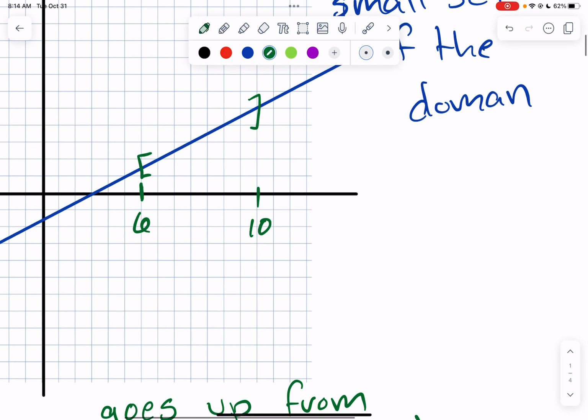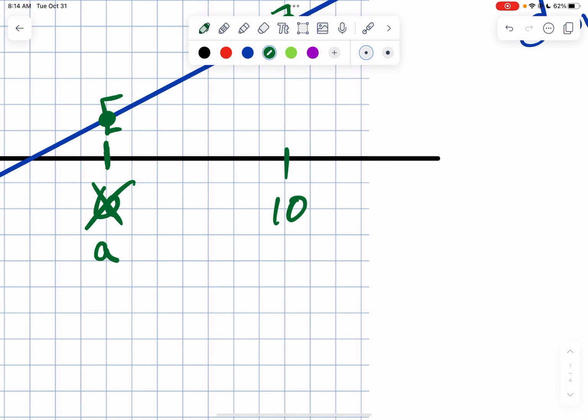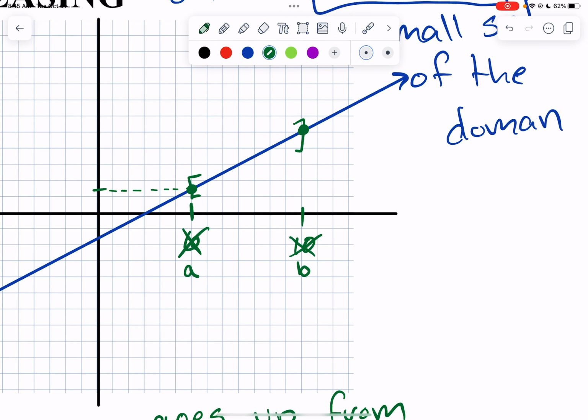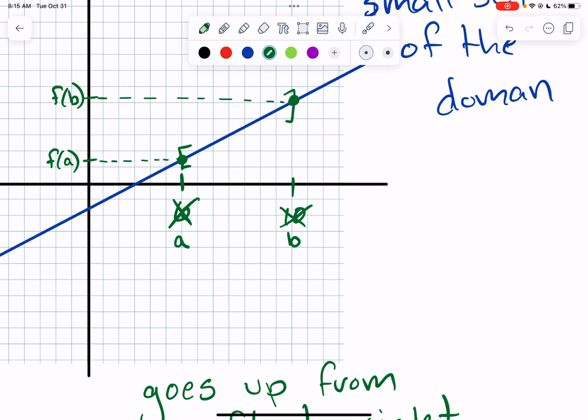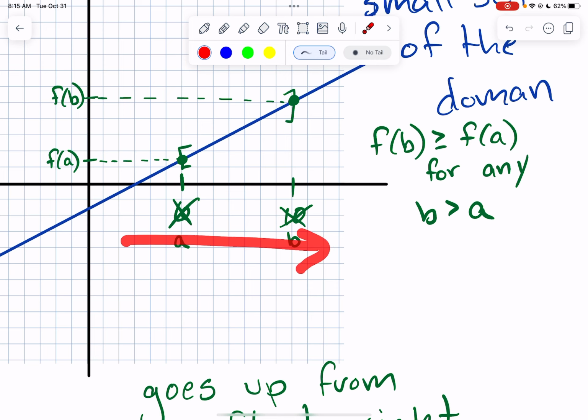Basically, a more exact definition is if these x's, let's say we didn't know this was 6, we'll call it A. We didn't know this was 10, we'll call it B. There's going to be an output value for A, f of A, and an output value for B, f of B. A function is increasing if f of B is greater than or equal to f of A for any B that's greater than A. Meaning, as my x's get bigger, my y's need to get bigger too. That's all this is saying.